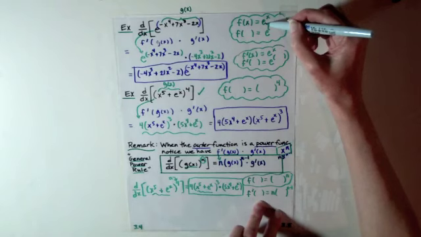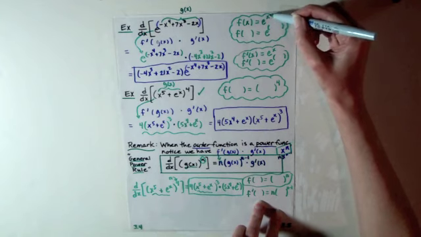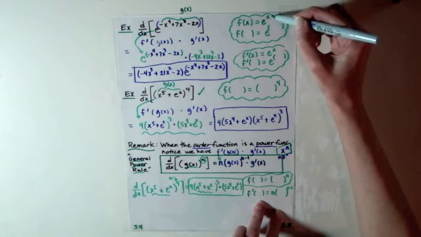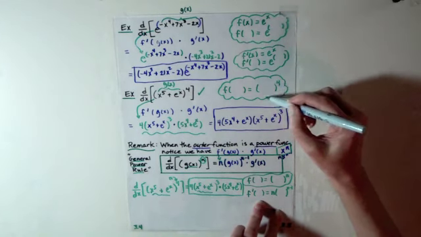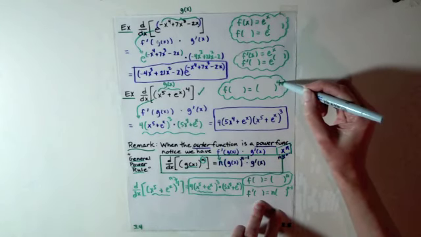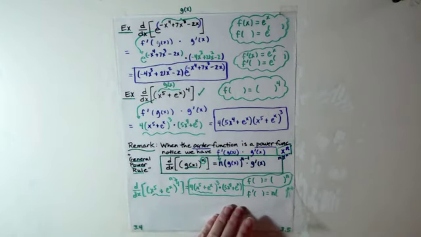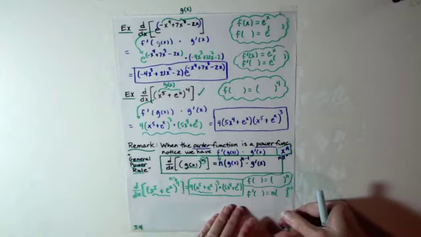Remember, e is about 2.718, so it's a specific number, and the variable is up in the exponent. So just notice this is an exponential function when the variable is in the exponent. This is a power function when you have a constant up in the exponent. Okay, well, let's go ahead and do a couple more examples using the chain rule and/or the general power rule.